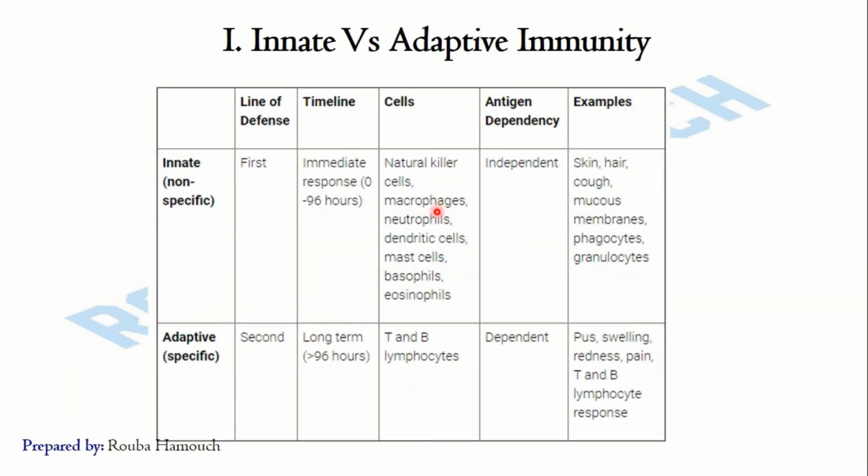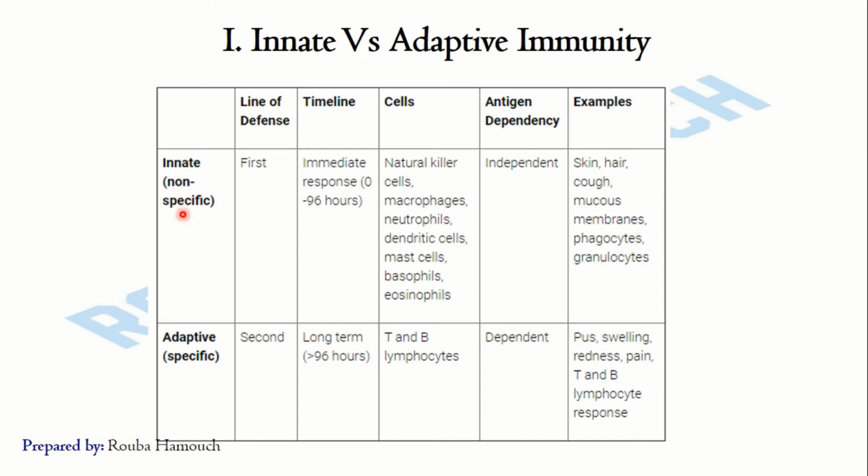Innate versus adaptive immunity. The innate or non-specific immunity is considered the first line of defense against intruders, whereas the adaptive or specific immune response corresponds to the second line of body defense.